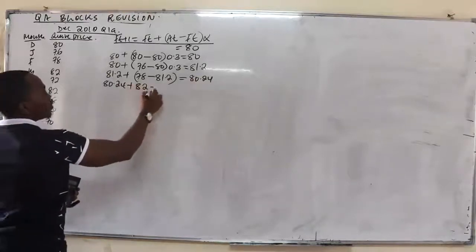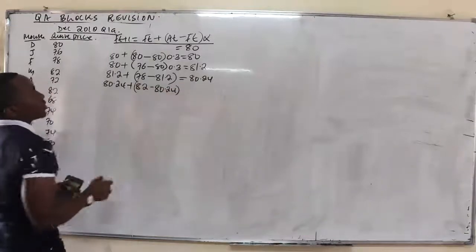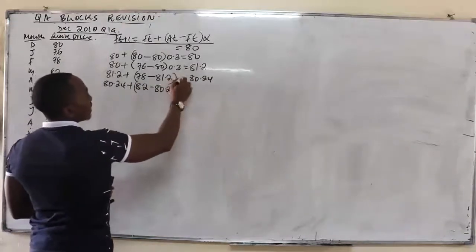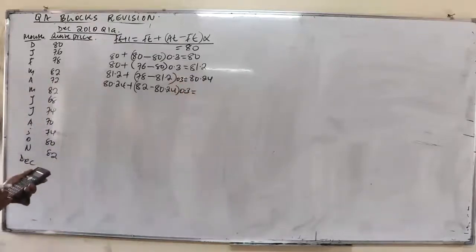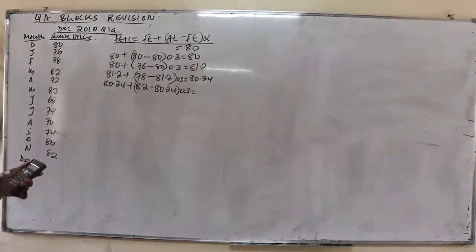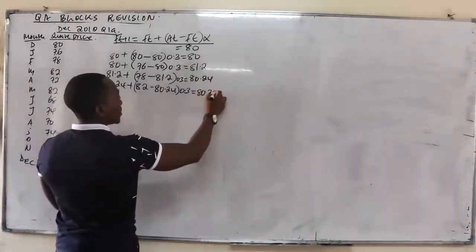So you take 82 minus 80.24, multiply by the constant, and you'll have 80.77.